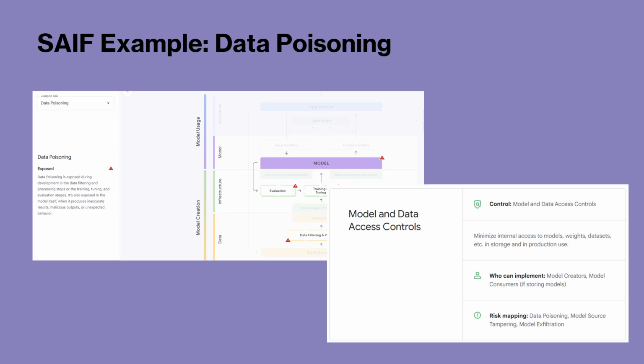So that's just an example of data poisoning here in the SAIF framework. They do have a long list of all the others, which could also be found in the OWASP top 10. This just goes through the risk management piece of that.